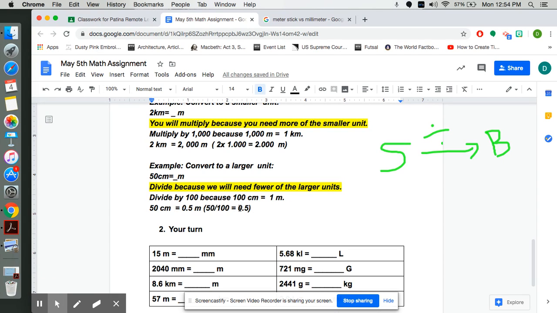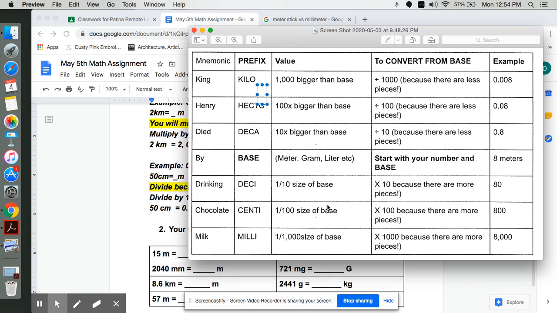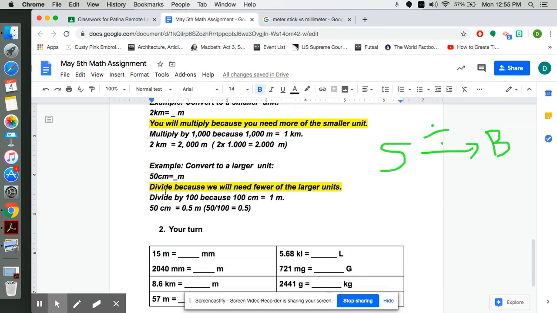So we're going to divide by 100. The reason being is if I'm starting here at my centimeters and I'm going this direction to get to my base, I'm going to go 10 times 10. So 1, 2, which is 100. So if I divide 50 centimeters by 100, I get 0.5 meters.